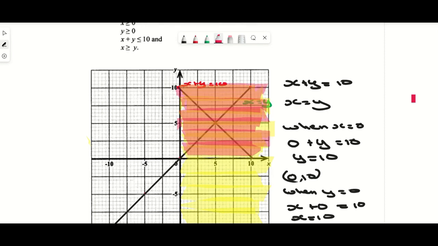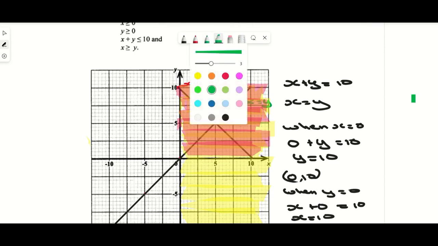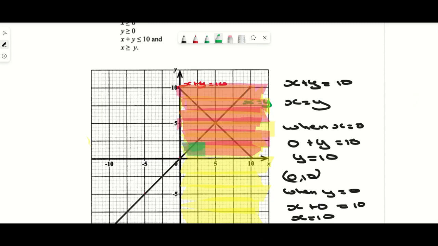And then they said where x plus y is less than or equal to 10. We know this line here. So less than would be this region right here, below the line.